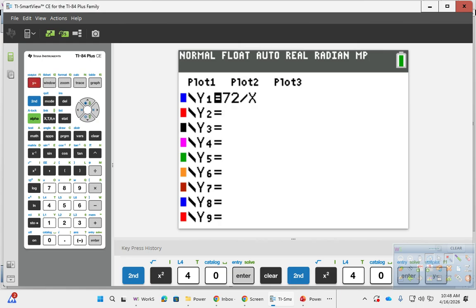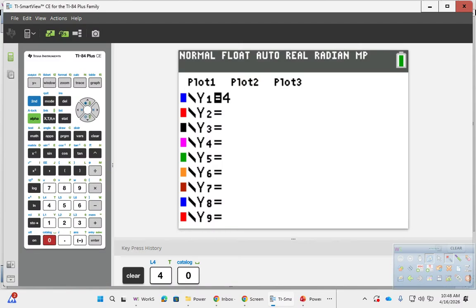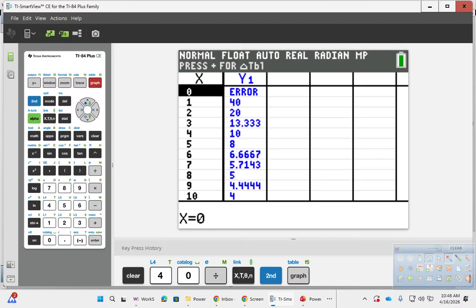So you can go to your y equals screen and do that number, which in this case is 40, divided by x. And what you're looking for in this list is a perfect square. So like 40 isn't a perfect square, 20 isn't a perfect square, 10 isn't a perfect square, 8 isn't a perfect square, 5 is not, but 4 is. So we'll use 4 and 10 when we simplify this root.